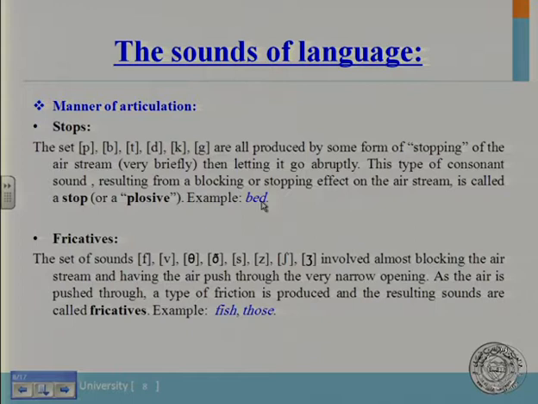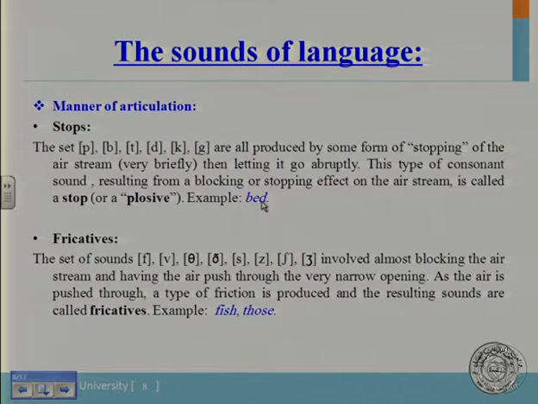P, B. This is the first group. The second group is T, D. The third group is K, G.